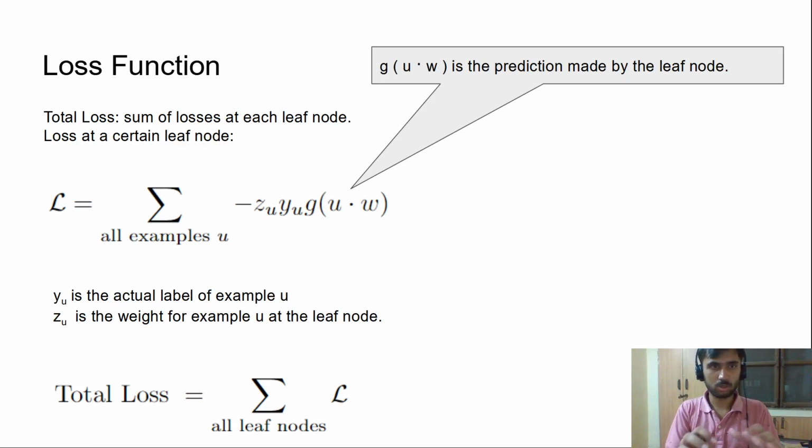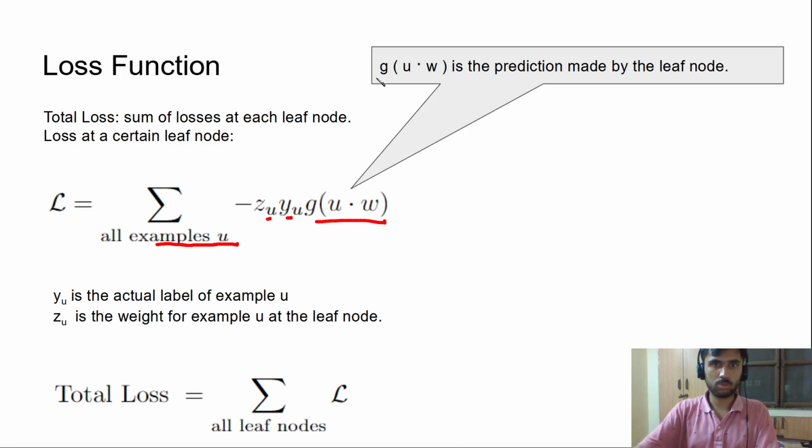We now see the loss function. The total loss function of the entire tree is the sum of the losses at every leaf node. The loss at a certain leaf node is defined in this way. It is defined as a summation over all the examples u of minus g of uw times yu.